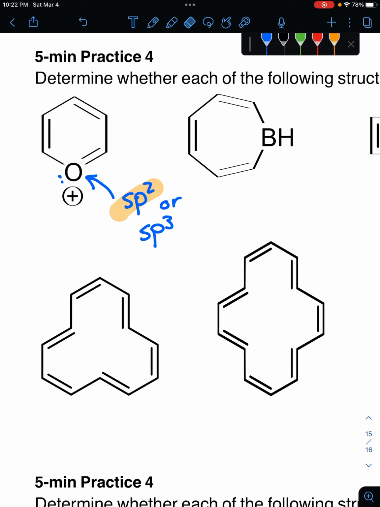If the number is 4n plus 2, n being any whole number, it could be 0, 1, 2, 3, so if the number of pi electrons is 2, 6, 10, 14, and so forth, then it's an aromatic structure, and this structure has 6 pi electrons. So for that reason, this should be aromatic.